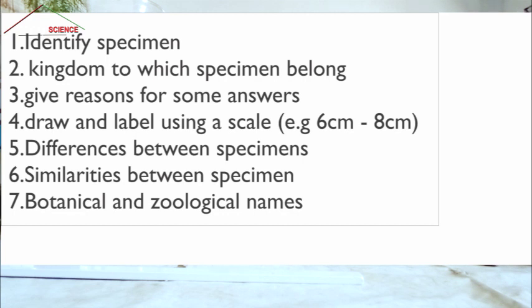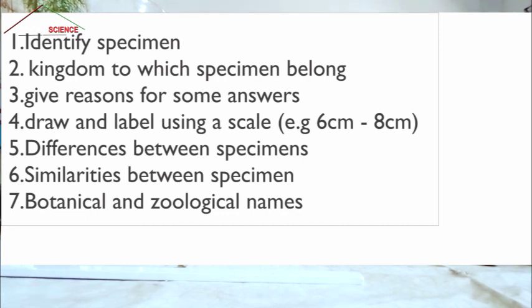Number 5 says the differences between specimens. You may be asked to compare, let's say, specimen A and specimen B. All you need to do is take a close look at both specimens which you have been given, and begin to state the differences that you see in those organisms.